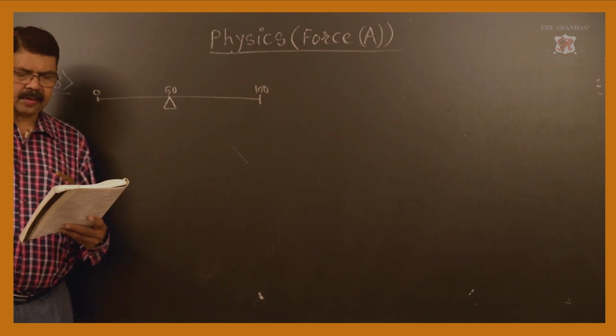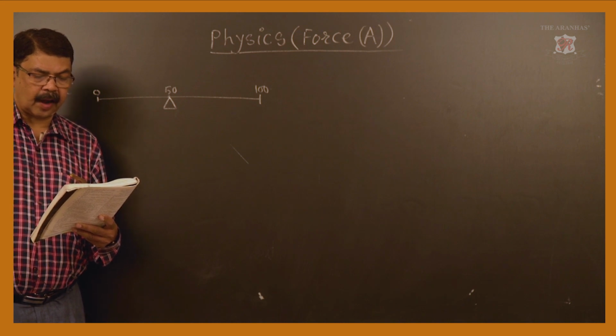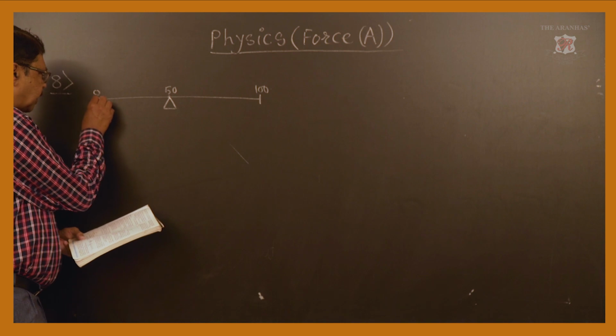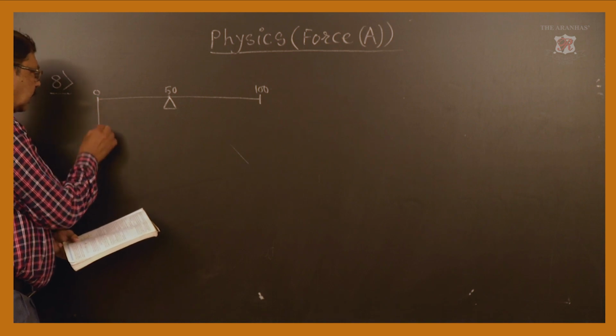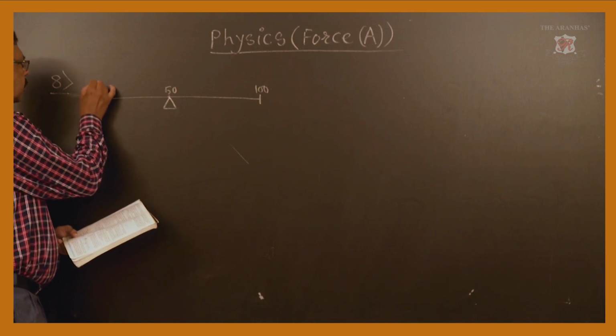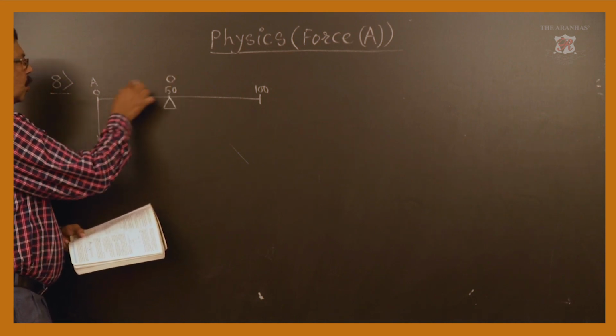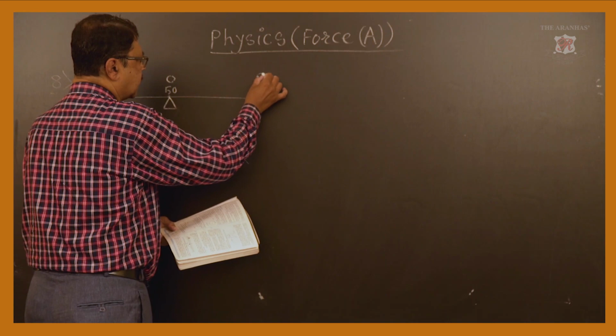A weight of 50 gram force is suspended from one of its ends. I assume that it is suspended from the 0 mark, labeling it as A. This is O, not 0, and this as B.